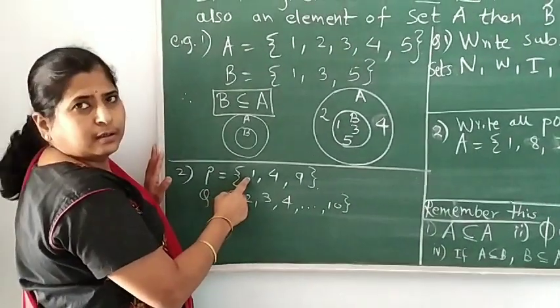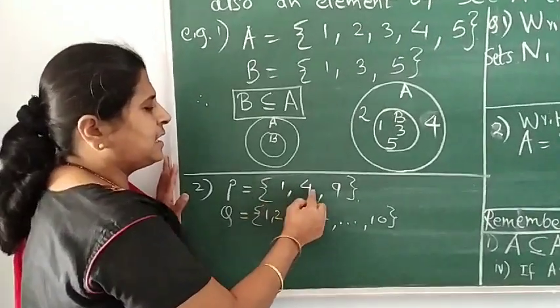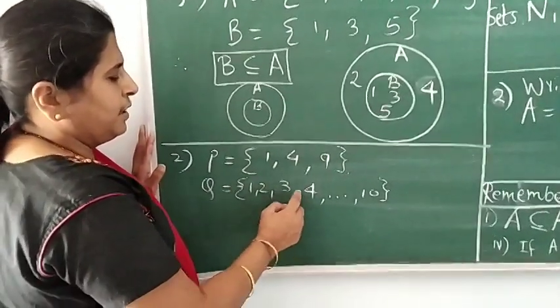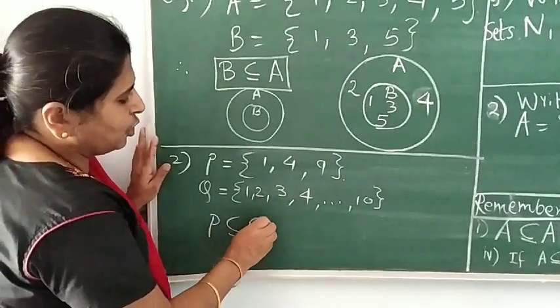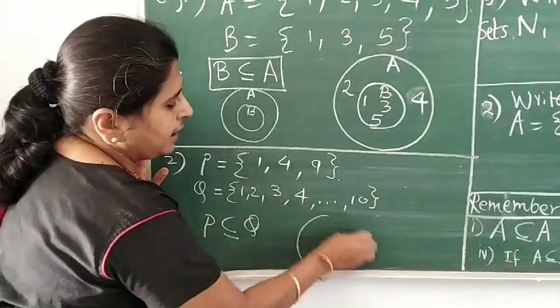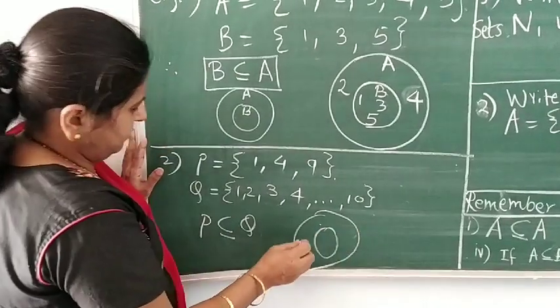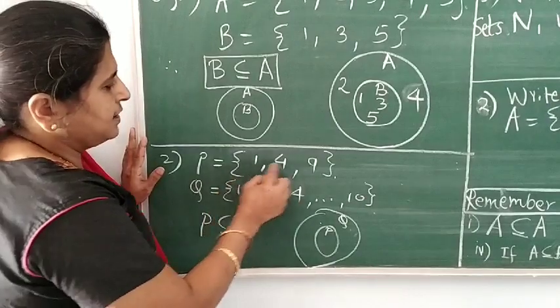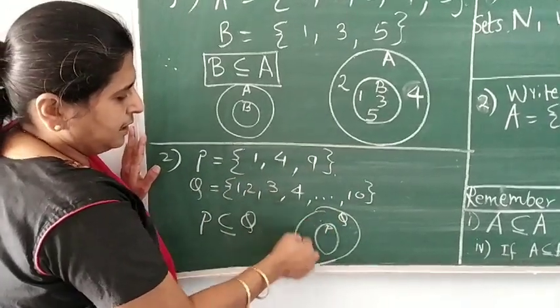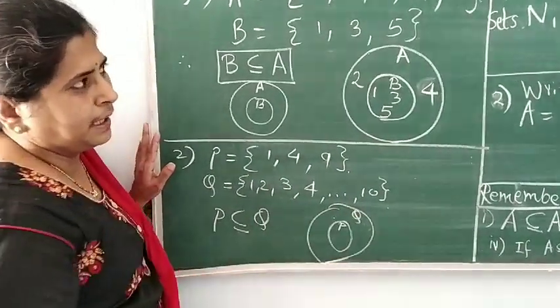P is a smaller set having 3 elements, and each element of set P is an element of set Q. Then we can say that P is a subset of Q. In the Venn diagram we can show P inside and Q outside. We can write these 3 elements in P and the remaining elements in the outer part.